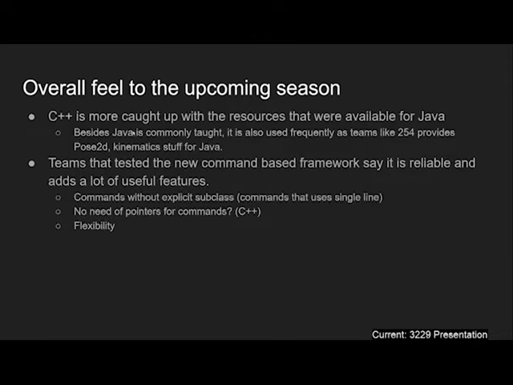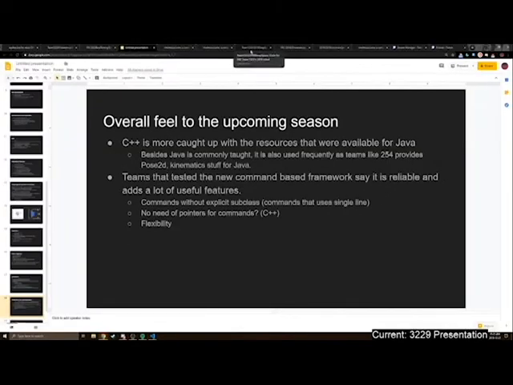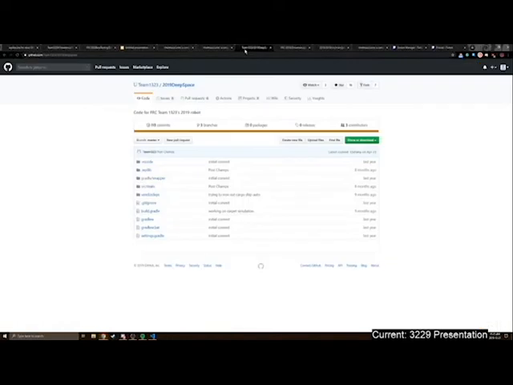My observation on why Java is such a popular language in FRC is that it is commonly taught, and the top teams usually use Java because teams like 254 provide a library that is more advanced than what WPILib offers. I'll show you that with two top team examples.